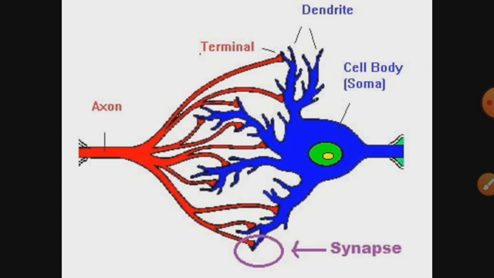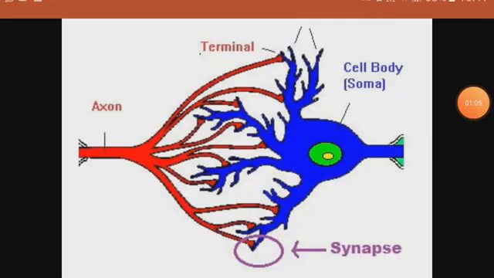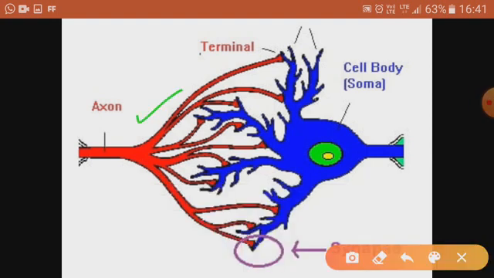So let's try to understand what is the role of synapse. As I told you, synapse is the connection or the junction between two neurons. You can see here, this is one axon terminal, the end point of one neuron, and this is the starting point of another nearby neuron.